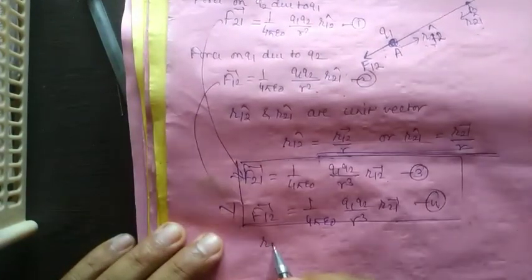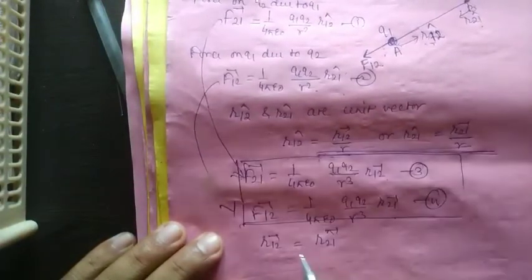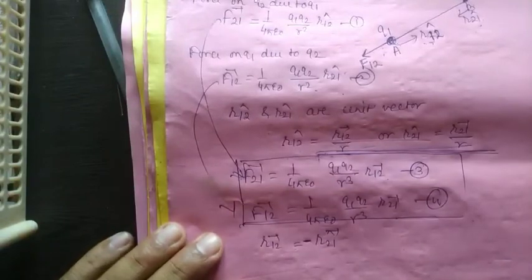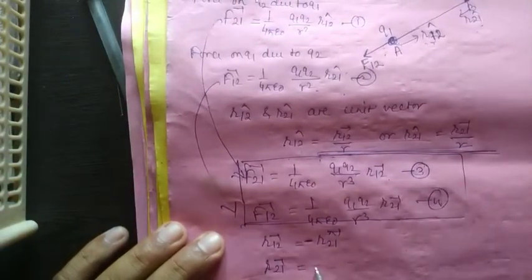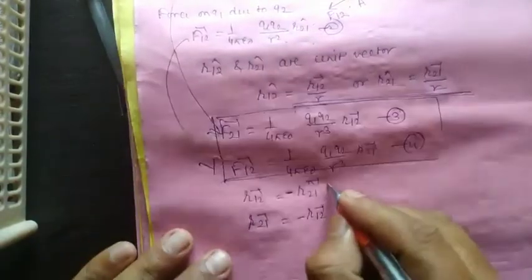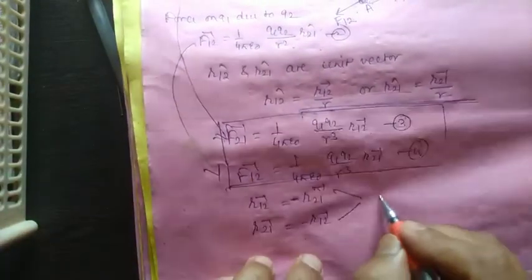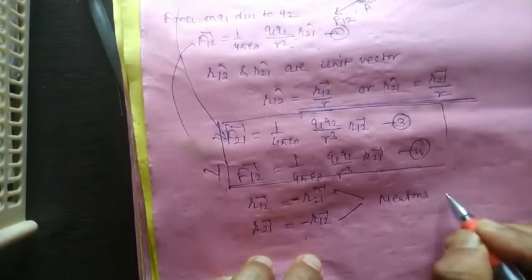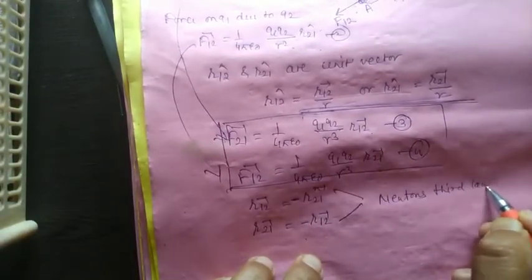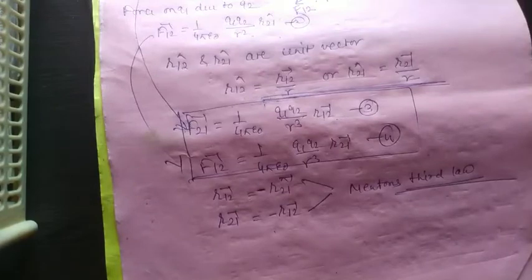Their directions are slightly different from one another. We can say R21 equals minus R12, the same magnitude but negative direction. We conclude that this holds Newton's third law, because these two unit vectors, or displacement vectors, have opposite directions.